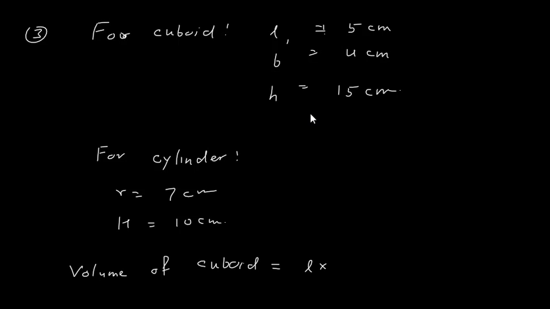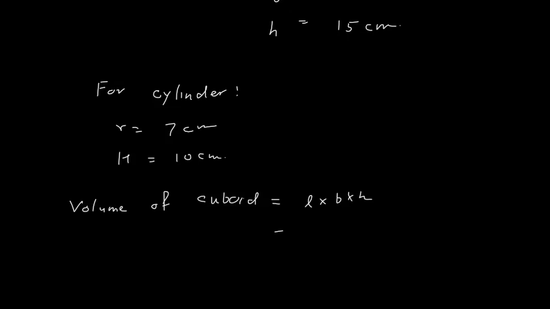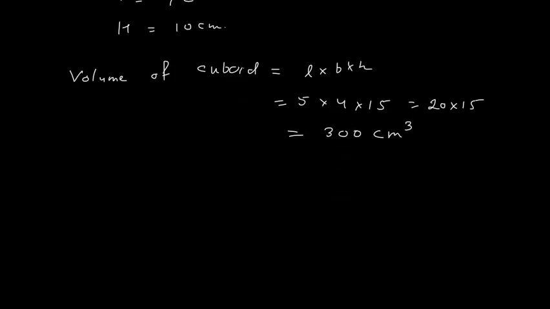Volume of cuboid is L into B into H. So 5 into 4 into 15. 5 fours are 20, 20 into 15 is 300. So 300 centimeter cube is your volume for cuboid.